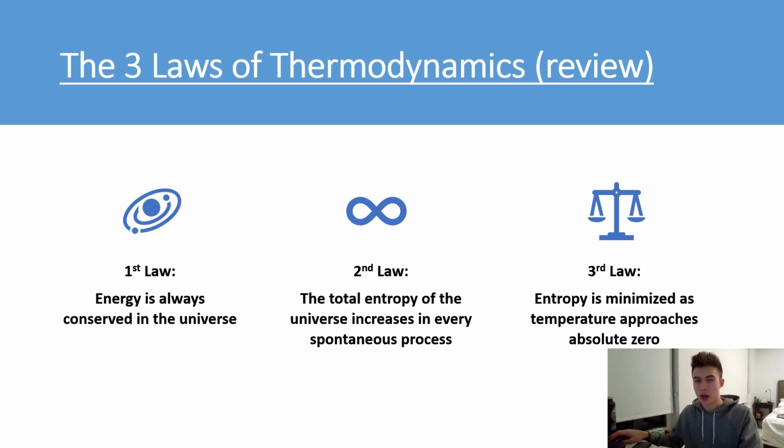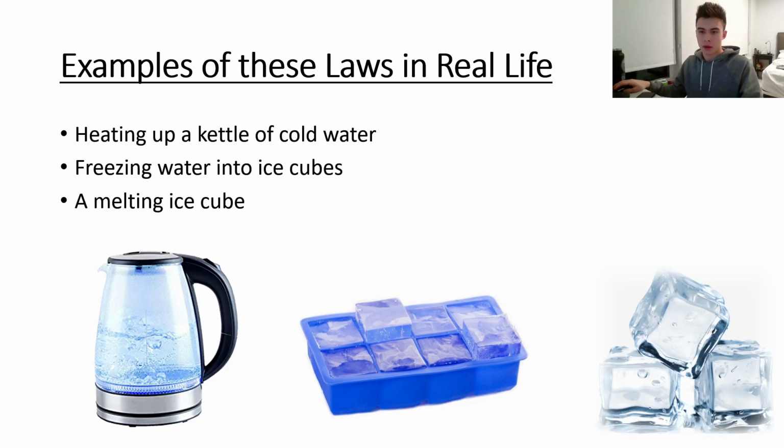Another law of thermodynamics, which is sometimes referred to as a zeroth law or as a fourth law, is that if two bodies are in thermal equilibrium with a third body, then the two original bodies are also in thermal equilibrium with each other. Now here are three examples of these thermodynamic laws in real life.